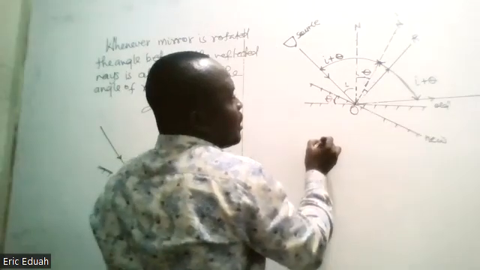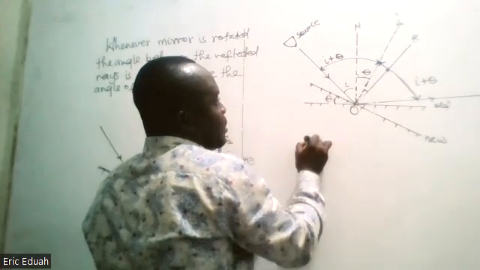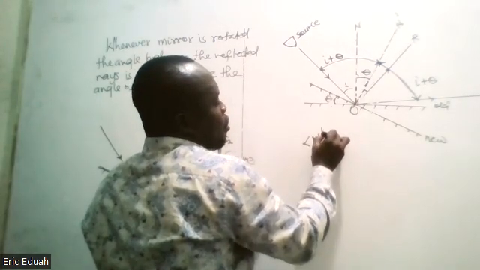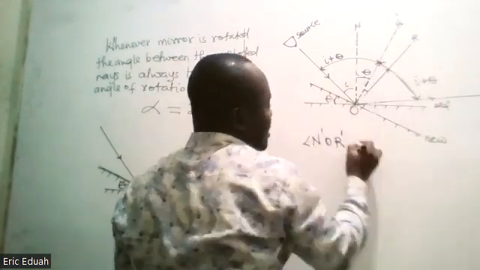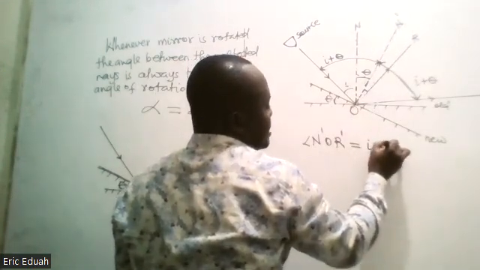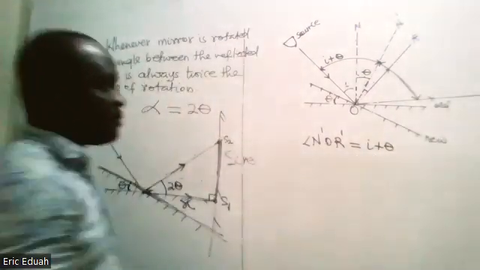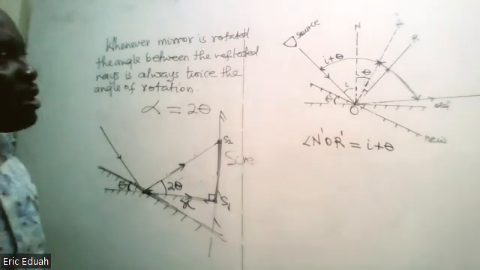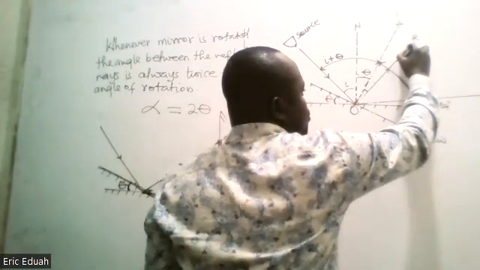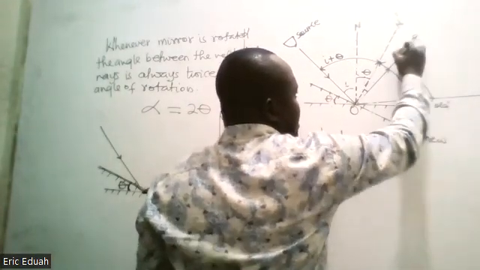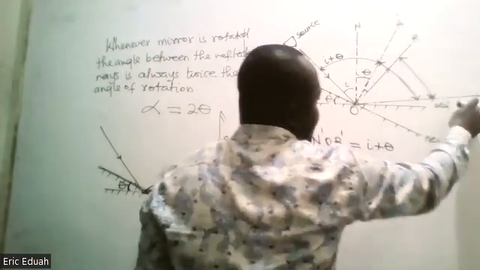So I know angle n prime O r prime, which is this bigger angle, must be equal to I plus theta. Let me clear this from here. All that I'm looking for is this angle, the angle between the two reflected rays. This is the first reflection, this is the second reflection.